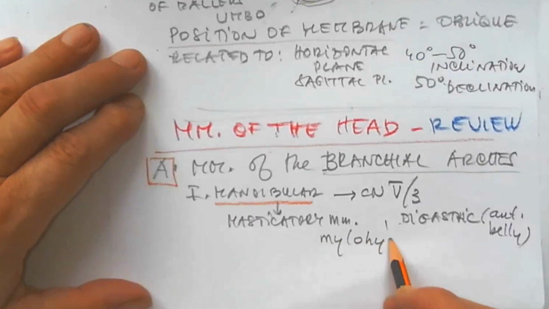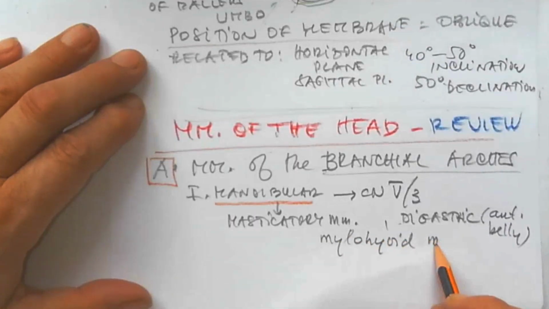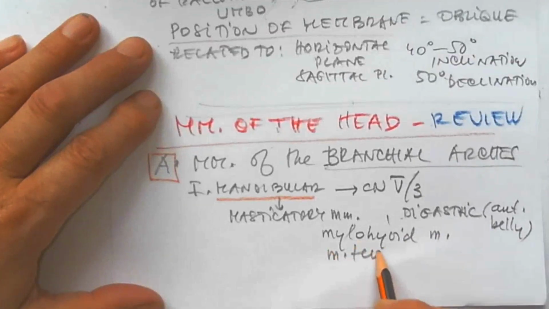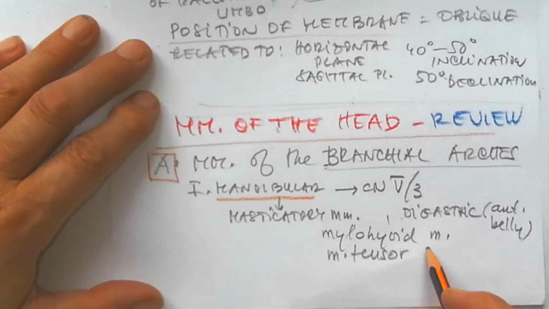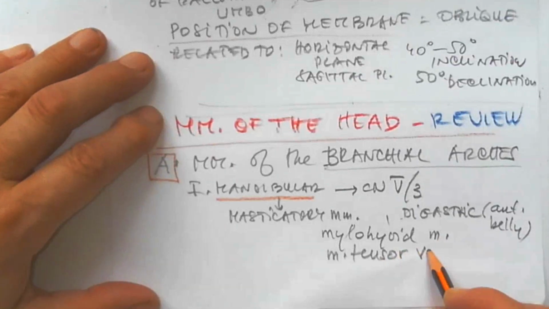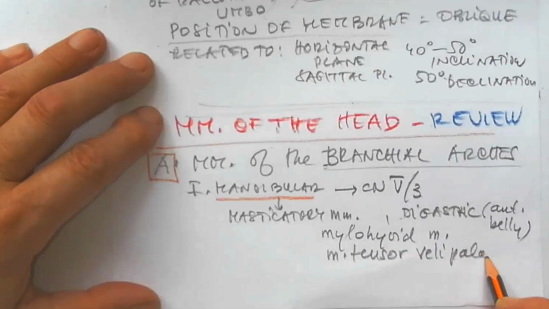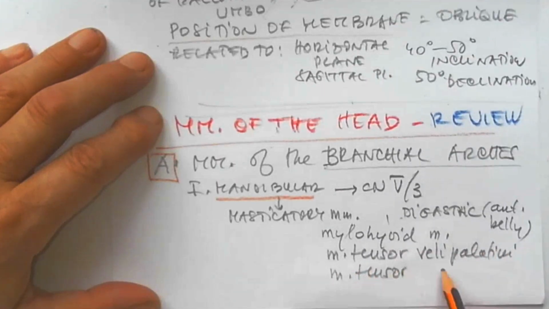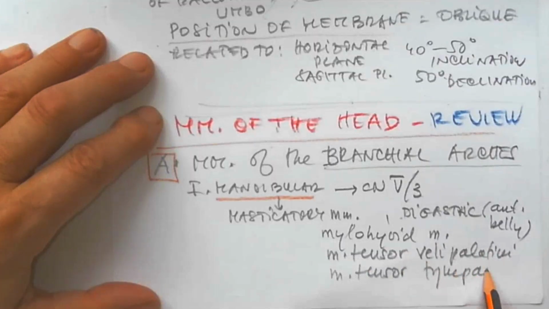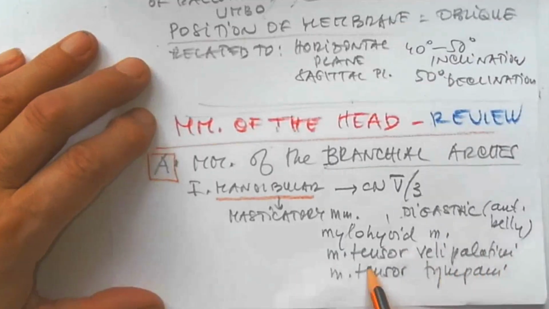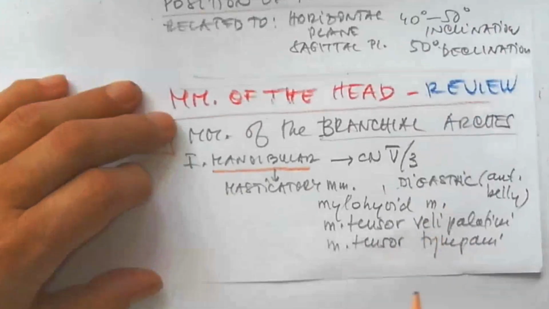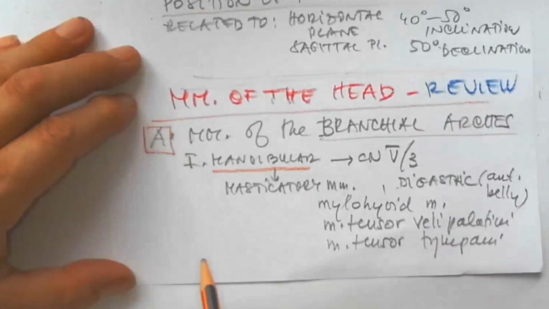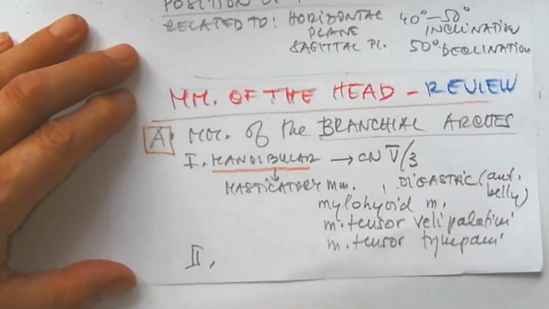We know that mylohyoid was described together with the floor of the oral cavity. And then 2 tensors, musculus tensor of the palatine velum, of the soft palate, the original term is veli palatini, also supplied by the mandibular nerve, and musculus tensor tympani. We said that tensor tympani is responsible for the pars tensa, for the position of the tympanum. Correct. This is the first arch.